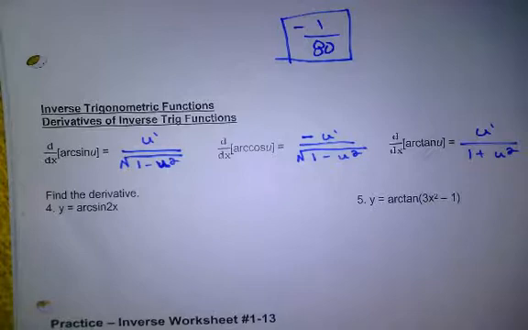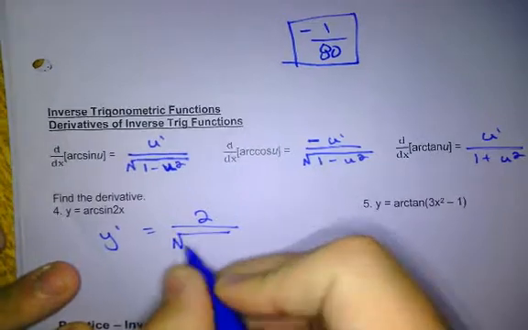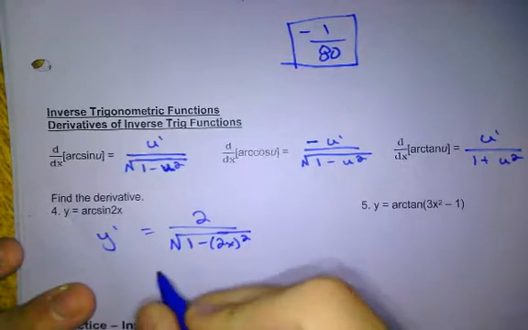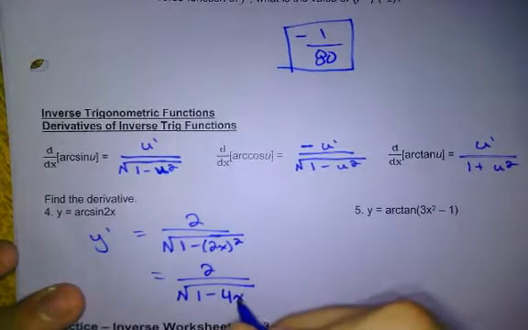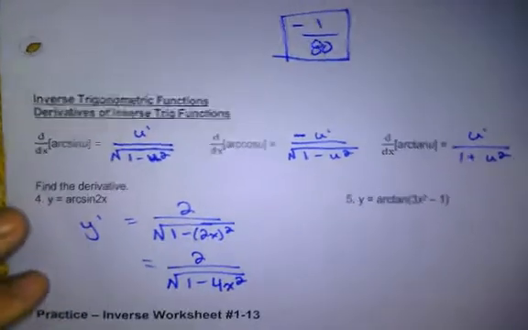So for number 4, what's my u value? In other words, what's my inside value of my chain, really? 2x. What's the derivative of 2x? So y prime, you're going to get 2 over square root of 1 minus 2x all squared. Alright, and then is that hard?